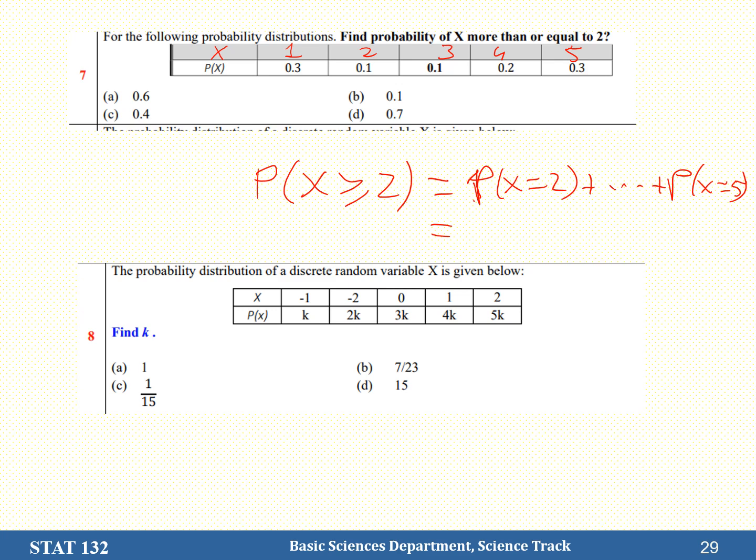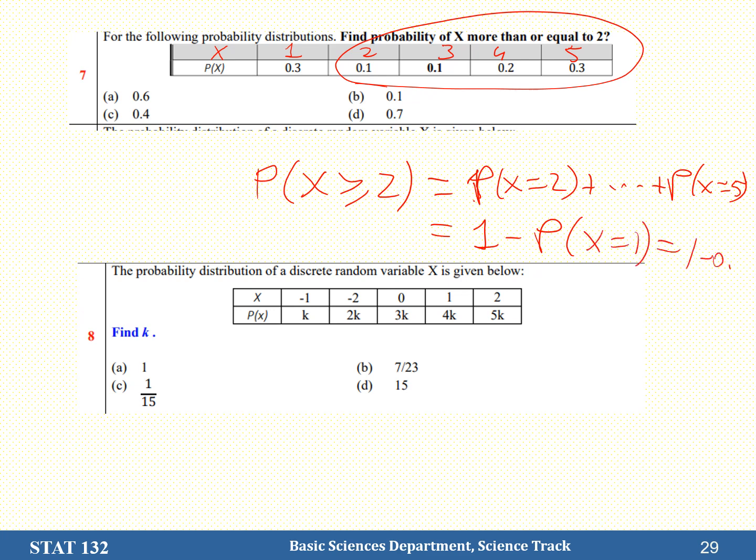So we have to add these, but instead I can subtract the probability that x equal to 1. This will be 1 minus 0.3, which is 0.7. That will be just d.